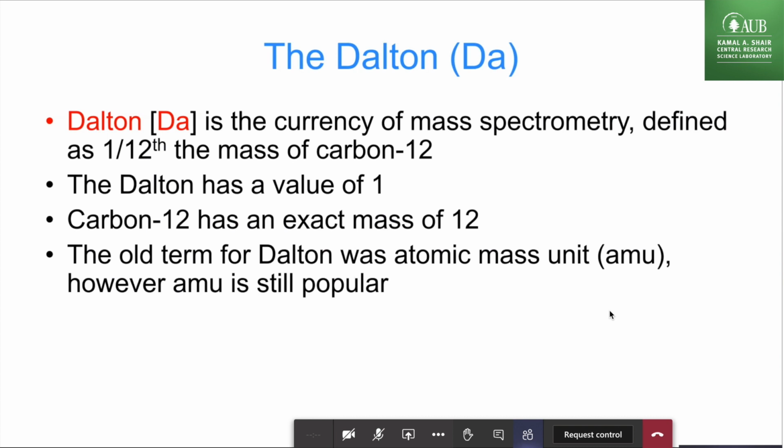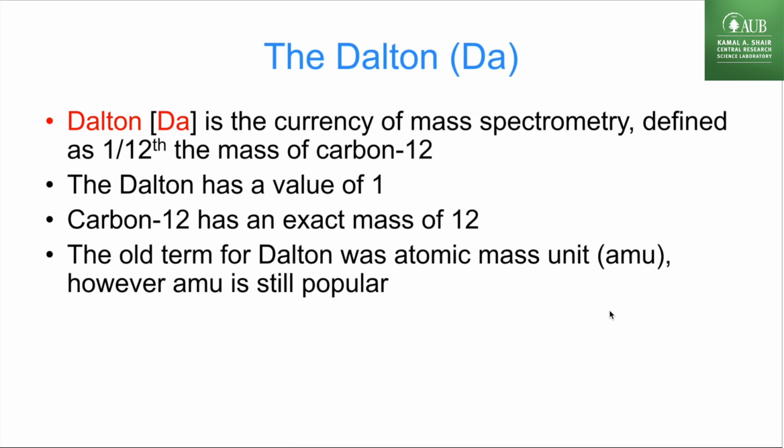That is the same thing. They changed the name to Dalton, I don't know, like 30 or 40 years ago, but still some people say AMU. So if you hear people talking about Daltons or about AMUs, atomic mass units, it's the same thing. It's the currency of mass, molecular mass.